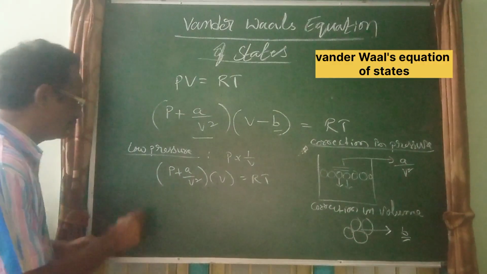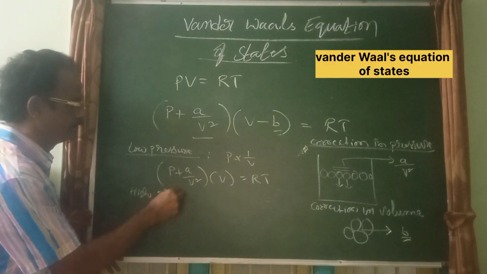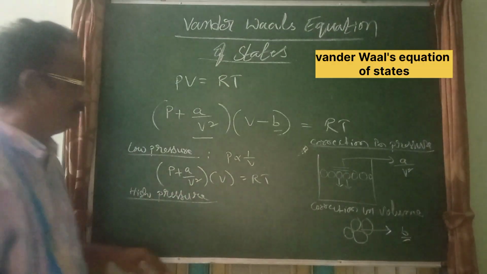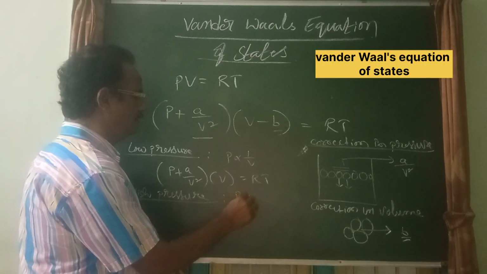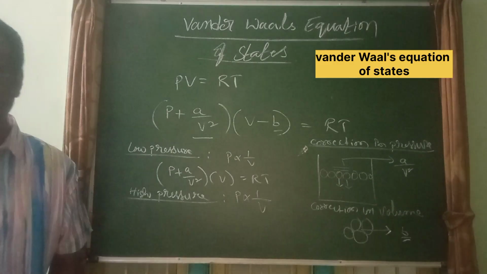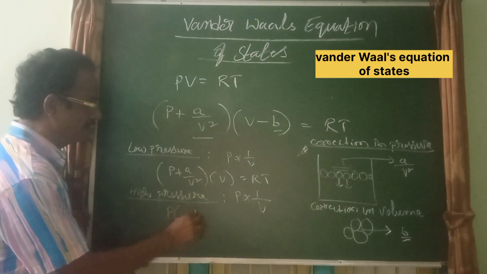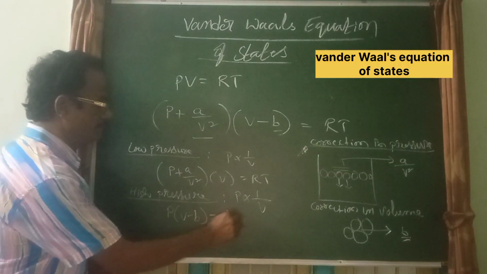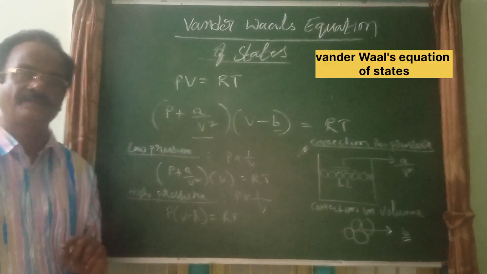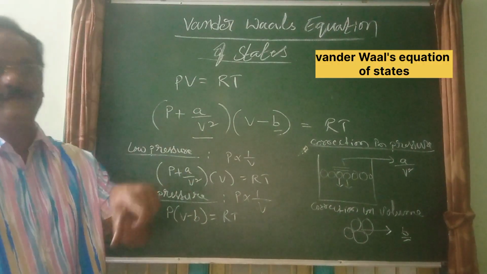Okay. So when you consider high pressure, the same relation we can incorporate here: P is proportional to 1/V. Then we can write the equation like this: P(V − b) = RT. Here we have neglected a/V², because at this condition the pressure is very high.